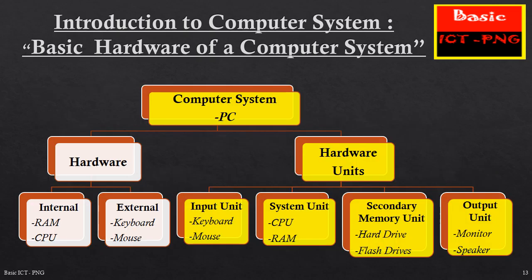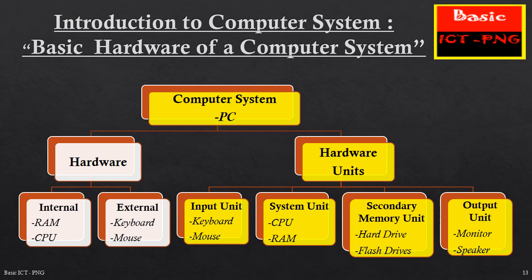Now let's sum the four basic hardware units of a computer system by this diagram here. And you see that a PC or personal computer is made up of hardware. Hardware can be categorized as internal and external. Here in this video, we're concentrating on hardware units.